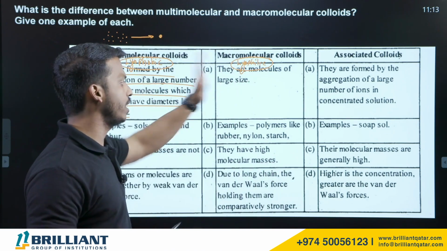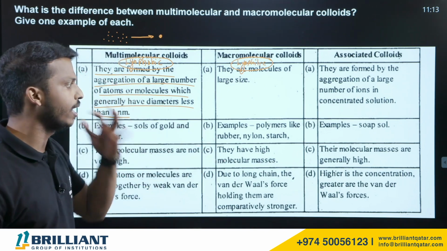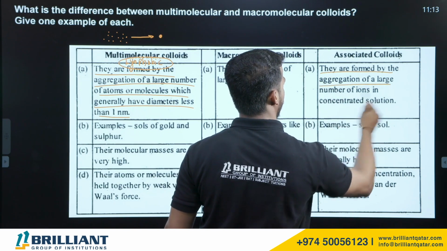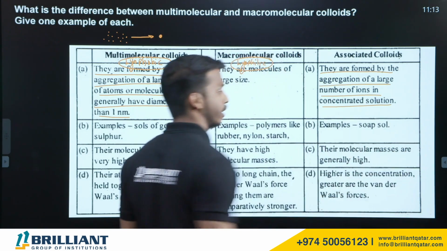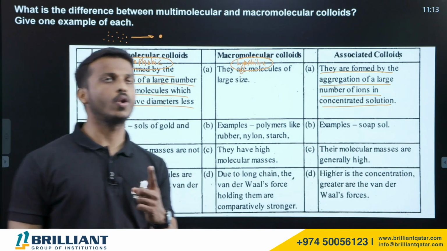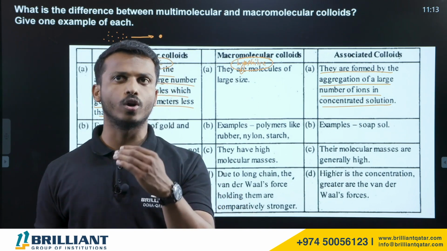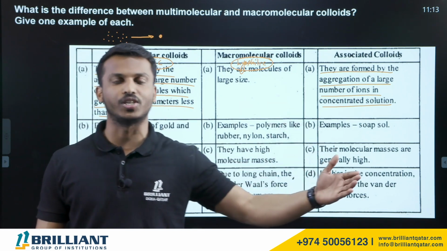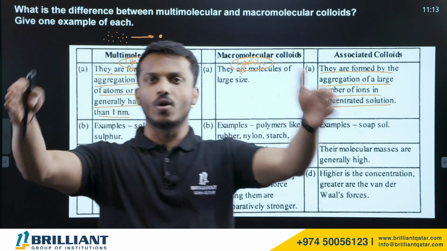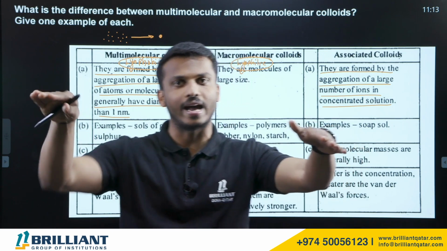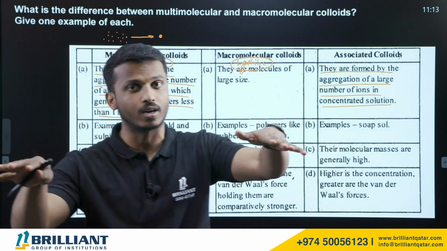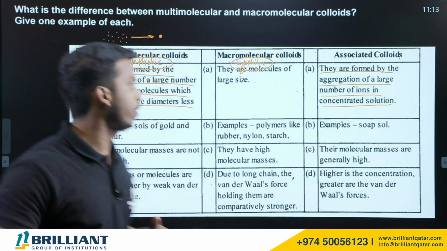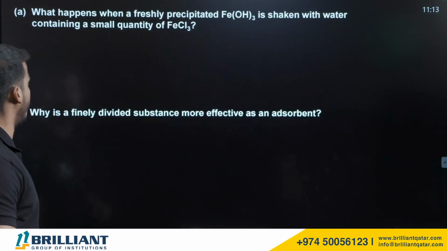They are formed by the aggregation of a large number of ions in concentrated solution. Micelle formation only happens at a high concentration. At a low concentration, they act as strong, normal electrolytes, whereas at a high concentration they act as which one? Micelles. So study the difference, all of you, it is important.